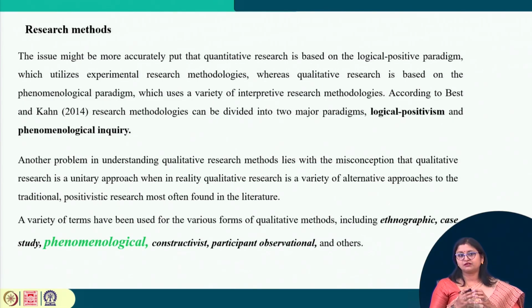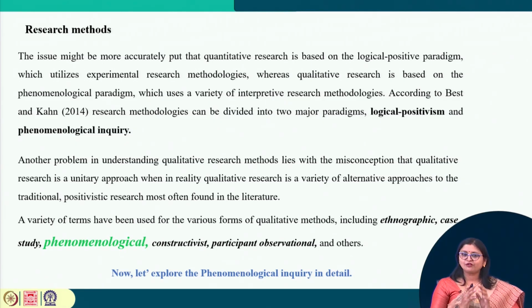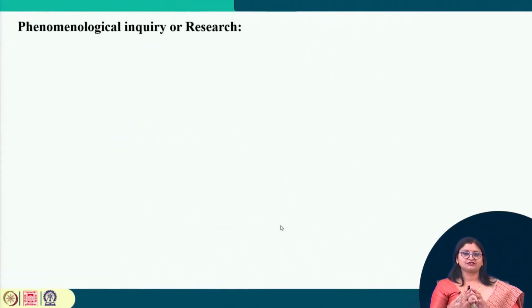A variety of terms have been used for the various forms of qualitative methods, including ethnographic studies, case studies, phenomenological, I have made it in green color, constructivist approach, participant observational, and so many other types of qualitative research. So, now let us explore phenomenological inquiry in detail, and that is today's lecture.